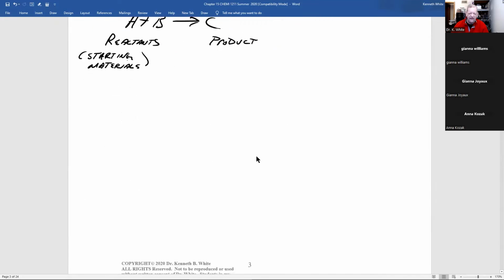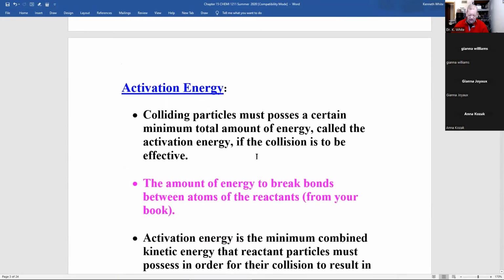Now, the next statement you should know is for a chemical reaction to occur, colliding atoms, molecules, or any combination thereof must possess a certain amount of energy, which we call the activation energy, to have a reaction.